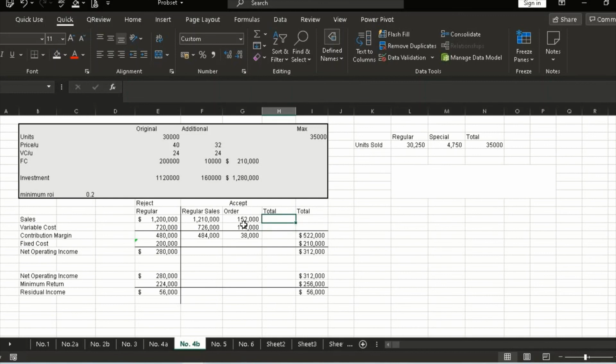We're going to sum up the figures to check. As you can see, we are correct. The contribution margin from these units is equal to 522,000, which is the required contribution margin to have a residual income of 56,000.